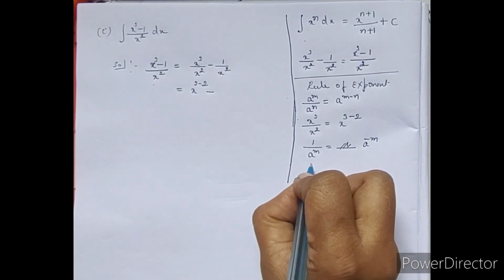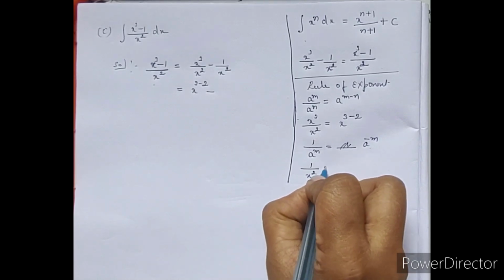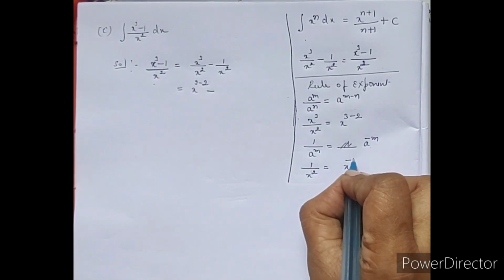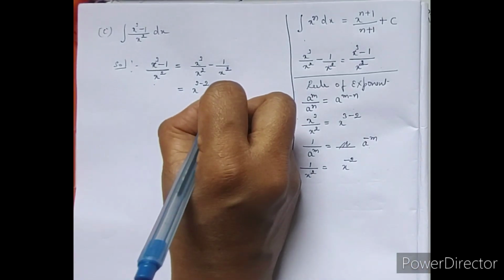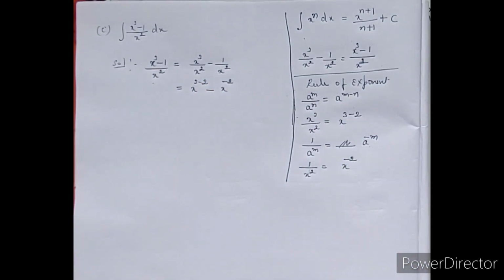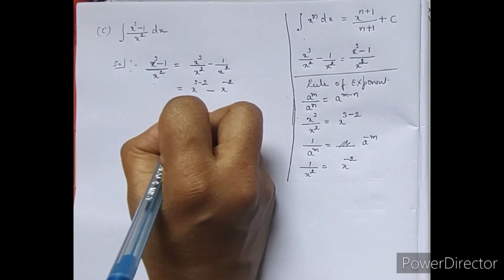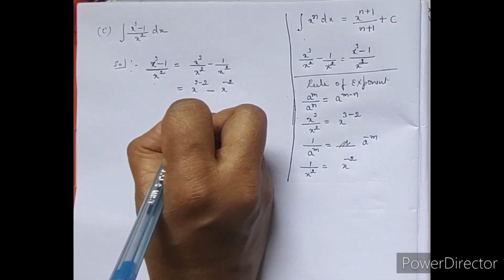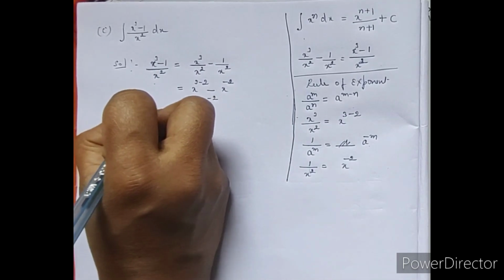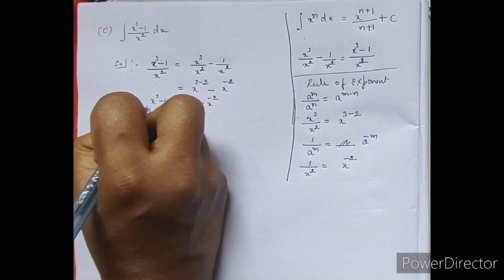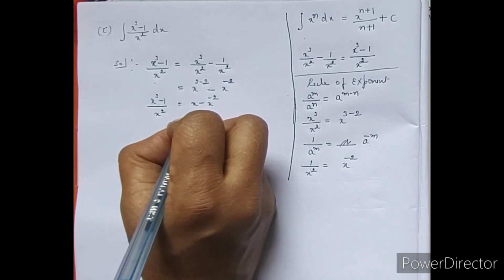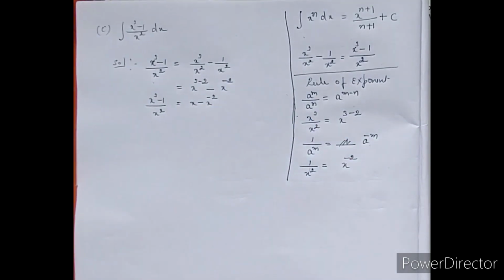So 1 divided by x square can be written as x raised to the power of minus 2. That is x to the power of 3 minus 2, which is 1, minus x to the power of minus 2. That means x cube minus 1 divided by x square can be written in terms of x as x minus x to the power of minus 2.